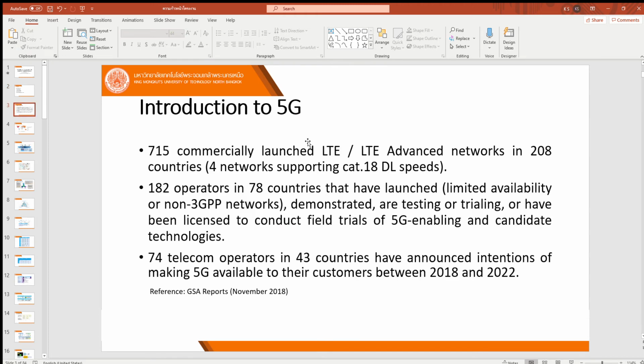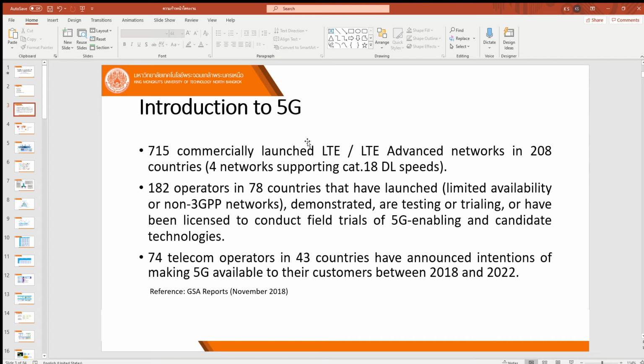Okay. So if we talk about introduction to 5G, 5G is now being used in many countries. There are 715 commercial launches of LTE advanced networks in 208 countries, and 182 operators in 78 countries that have launched, demonstrated, and tested 5G.